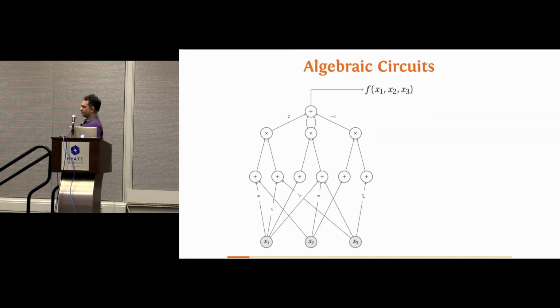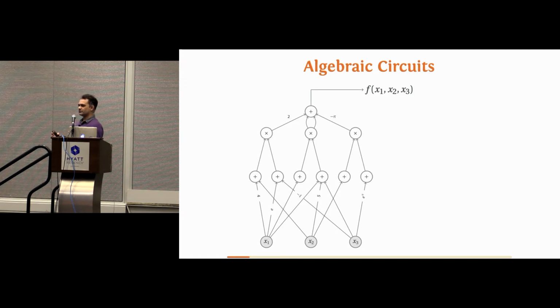So the talk is going to be about what are called algebraic circuits. These are standard models to study the complexity of polynomials based on basic operations required to compute them. So it's the standard setting where the leaves are labeled by variables and you have addition and multiplication gates. And sometimes you also add constants on the edges to basically indicate that multiplications over the base field come for free.